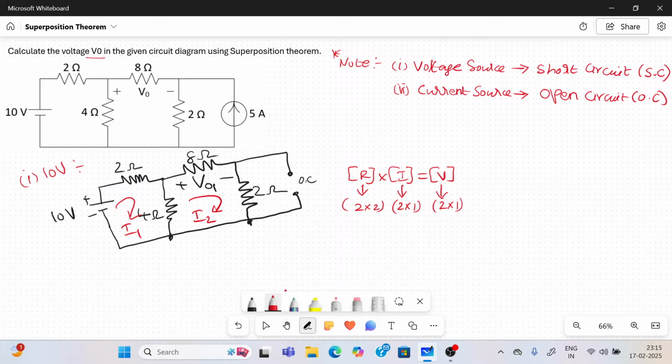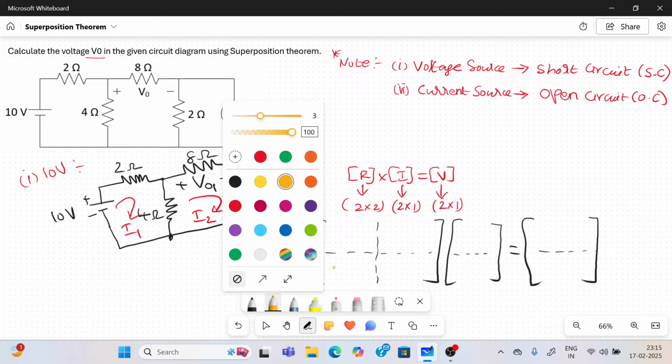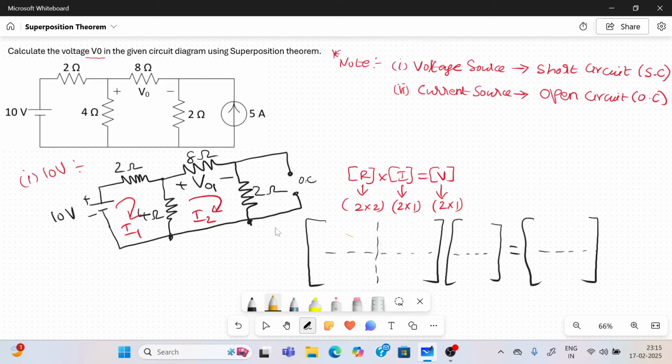Now what is the matrix? A 2 cross 2 matrix. What are the diagonal elements?